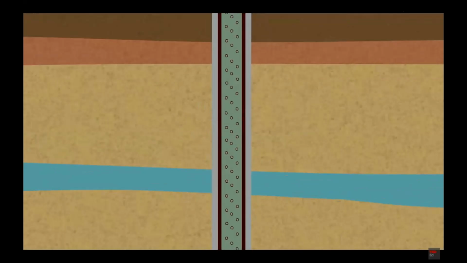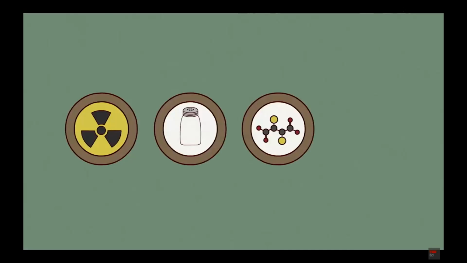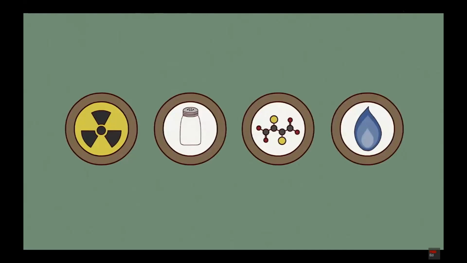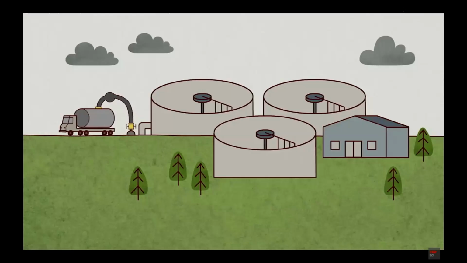Along with the trapped gas that's pumped up to the surface, millions of gallons of flowback liquid come gushing up. This liquid, containing contaminants like radioactive material, salts, heavy metals, and hydrocarbons, needs to be stored and disposed of. That's usually done in pits on site, in deep wells, or off-site at water treatment facilities.